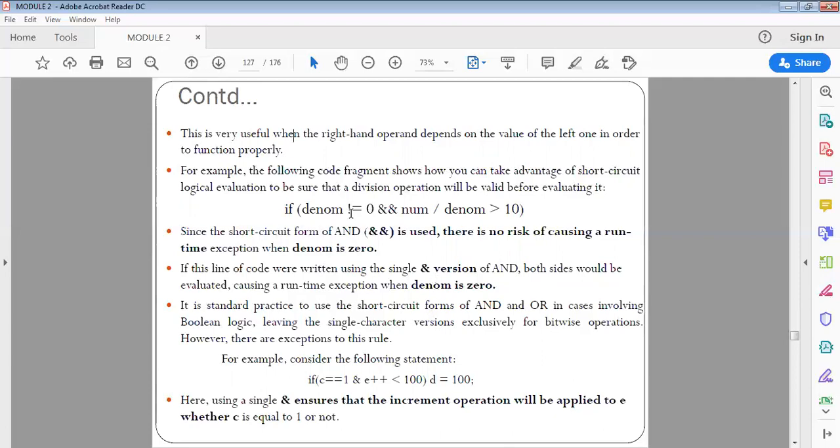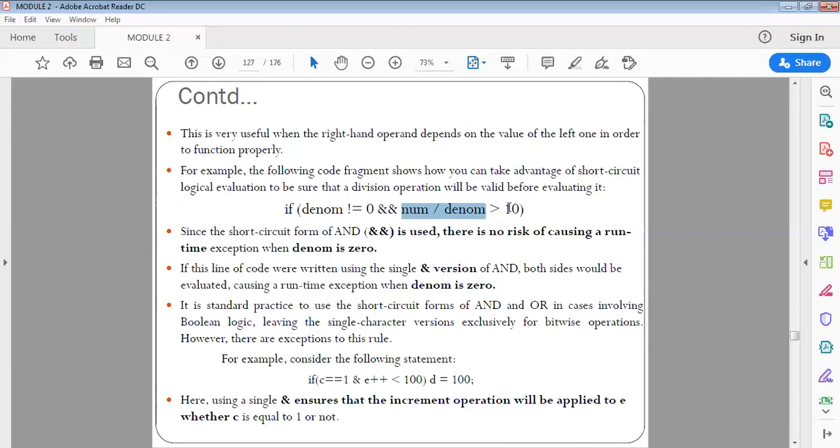Now we can also check that when denom not equal to 0, first you will evaluate this part, then next you will evaluate num by denom. This is the leftmost operand part, and this one is considered the rightmost part. So that is A double ampersand B. If denom not equal to 0, that means the condition is true.